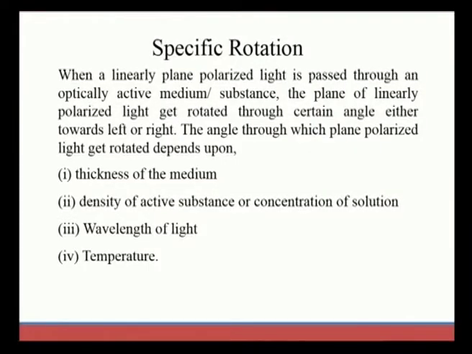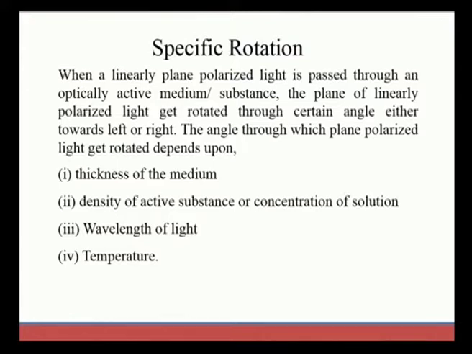Next we move on to another topic that is very important about optical rotation or optical activity, that is specific rotation. When linearly plane polarized light is passed through an optically active medium or substance, the plane of polarized light gets rotated through a certain angle, either towards left or right.